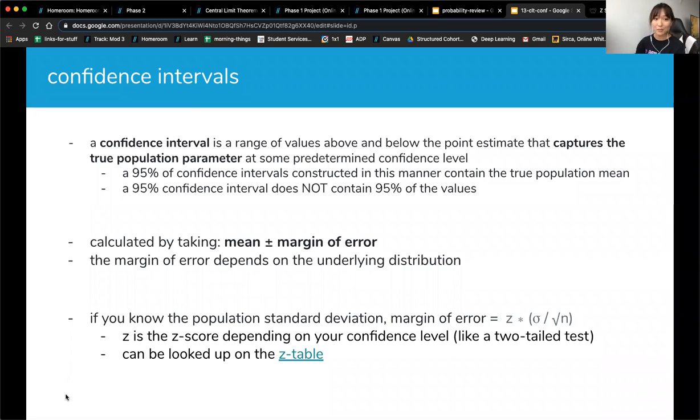The way we interpret them is that, given this confidence interval, which will usually be a smaller number and a bigger number, 95% of the confidence intervals constructed like this will contain the true population mean, or the true population parameter. And then it also depends on what the confidence interval is constructed for. Questions?